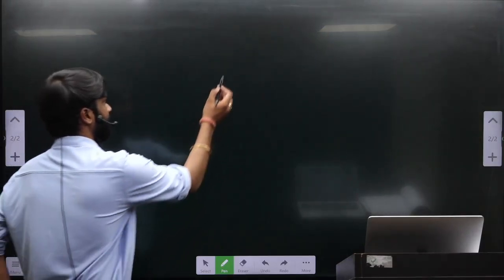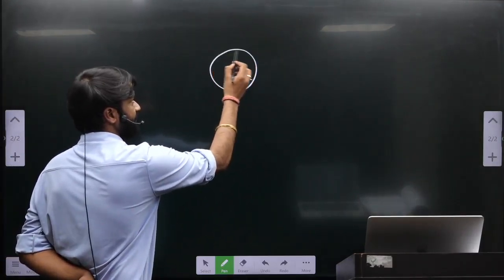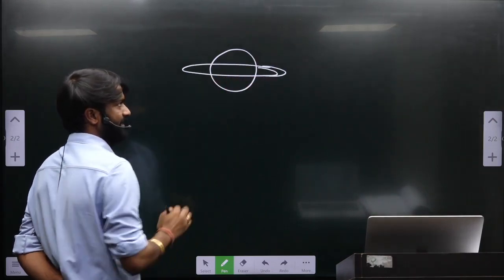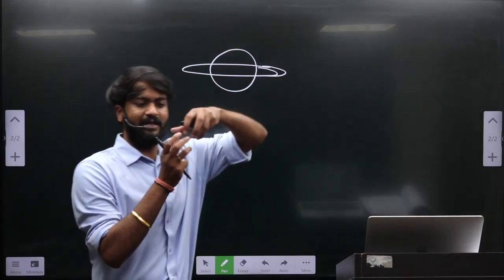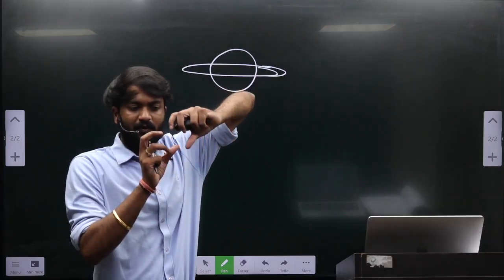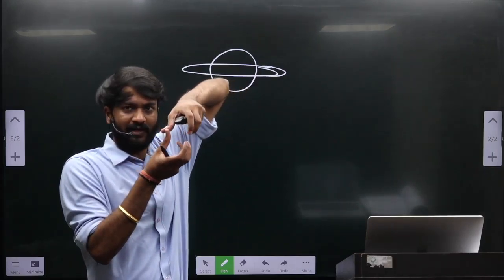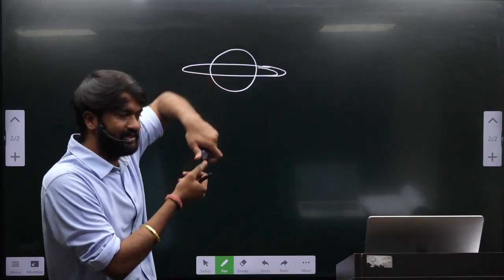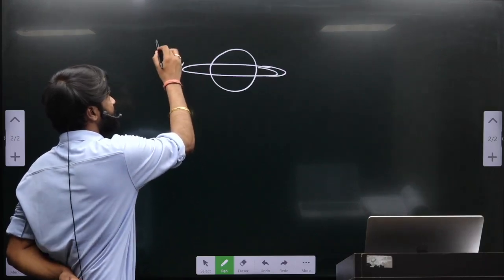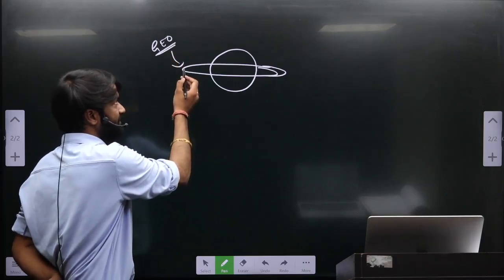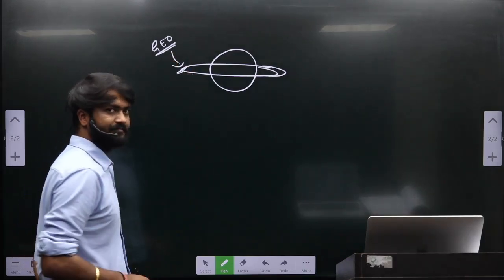This is the earth, this is the satellite. Now if this satellite is revolving with the earth on the equatorial axis only, so what will happen? Earth is also revolving like this, satellite is revolving along with the earth only on the equatorial plane. This is nothing but geostationary orbit if satellite is here.